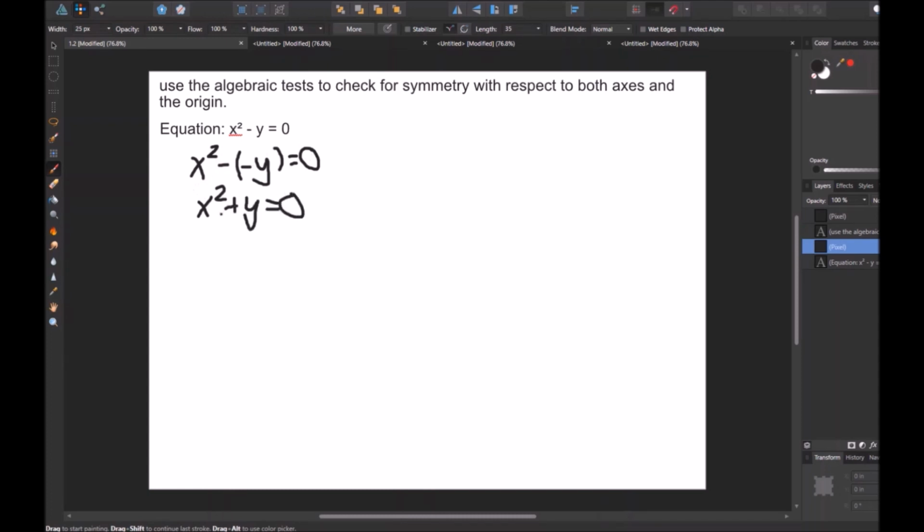So now we have x squared plus y equals 0, which is not the same equation. So f of x does not equal negative f of x. So this equation could not be symmetric about the x-axis.